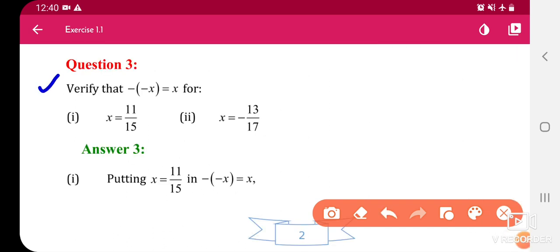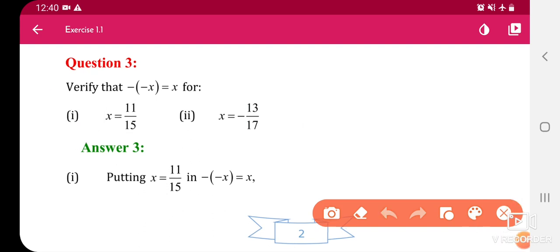Now next question, question number 3. Verify that minus of minus x equals x. For the first, the value of x is 11 upon 15, and for the second, the value of x is minus 13 upon 17. Let's see the solution. In this question, this one is LHS and this is RHS. So we take the LHS and put the value of x.